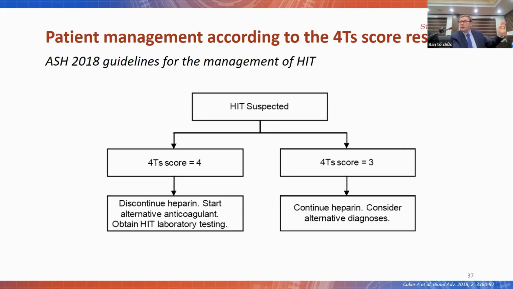You have to start an alternative anticoagulant treatment, which is not VKA, for example, just because you will increase the risk of thrombosis if you give vitamin K antagonist. You have to consider other alternative treatments, danaparoid sodium or argatroban or whatever, but you have to start an alternative treatment, and you have to ask the laboratory to go for tests to confirm the hypothesis of HIT.